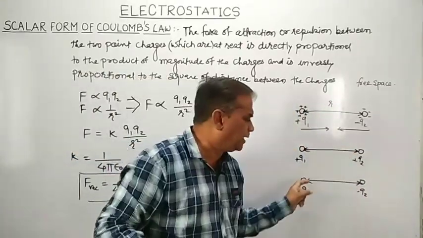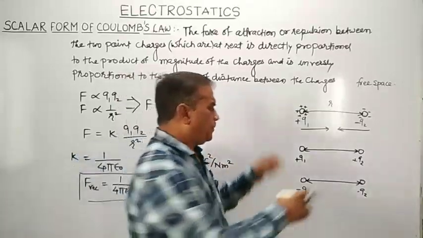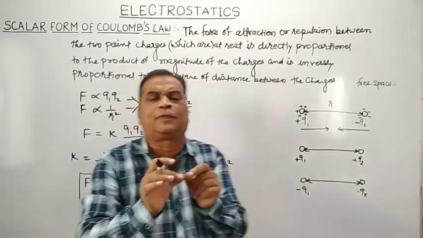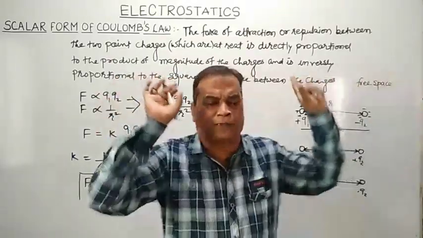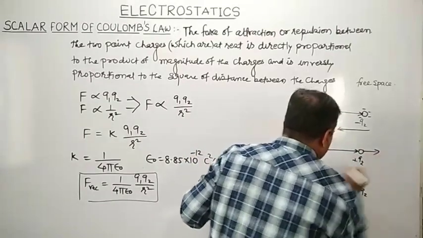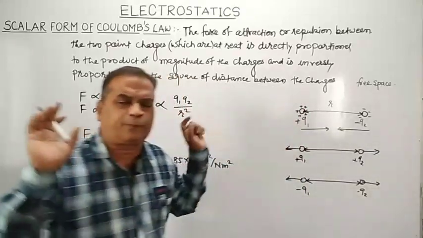This is the line joining the given point charges. Because here we have like charges, the force between them is a force of repulsion, and it will act like this, trying to repel both the charges away from each other.